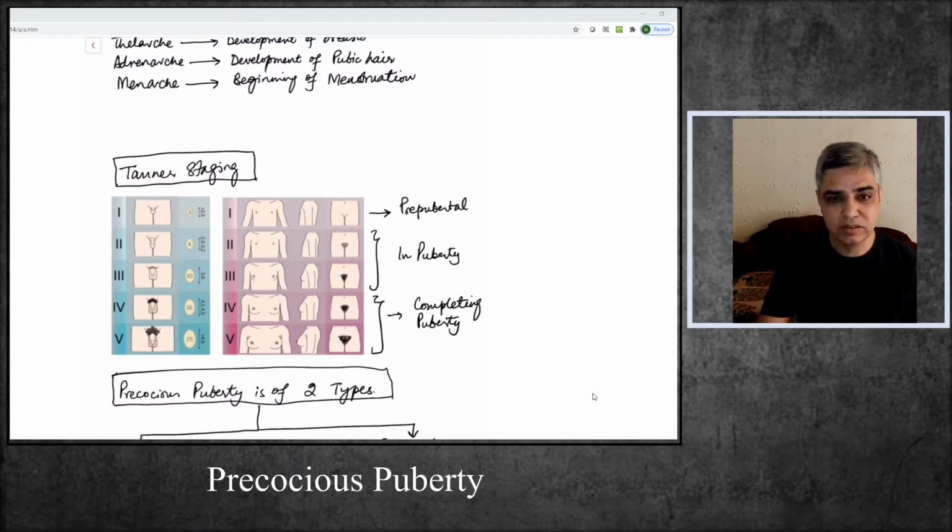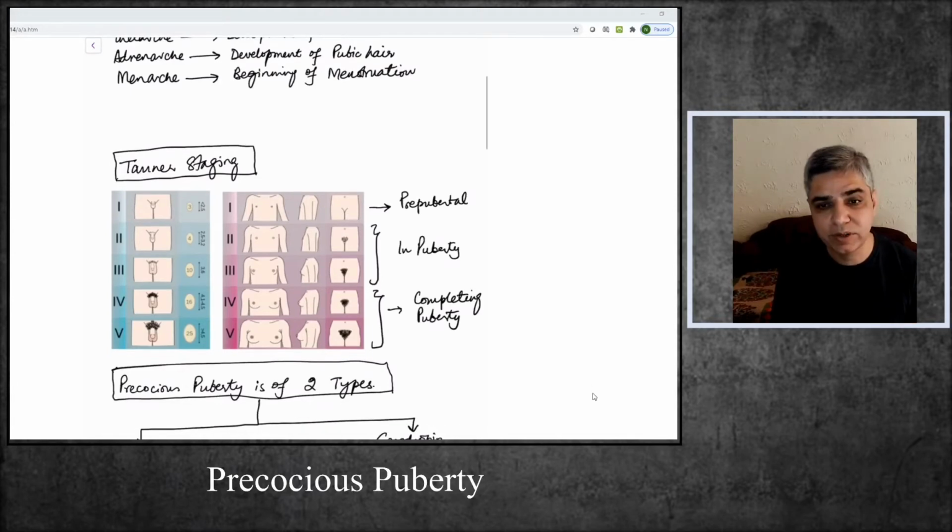So if somebody is exhibiting the features of stage 2 and stage 3, they are in the process of going through puberty. While stages 4 and 5 usually come at the end. So when you find somebody in stage 4 and 5, you say they are completing puberty. They have gone through most of the things that they develop in puberty, and they are almost at the end.